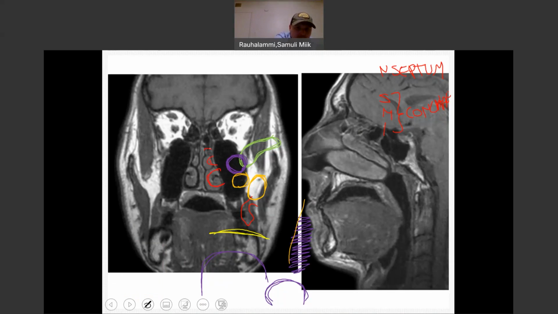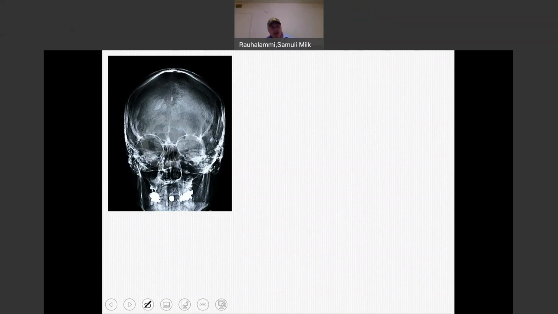I think we're seeing all three there that show up quite drastically. Same here on our sagittal section. Well, having done the quick overall survey, I think we're well positioned to move onwards and have a look at the paranasal sinuses.